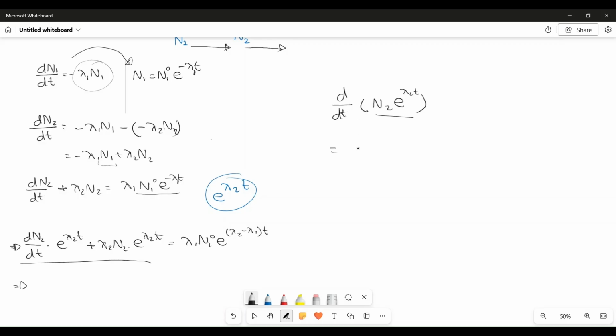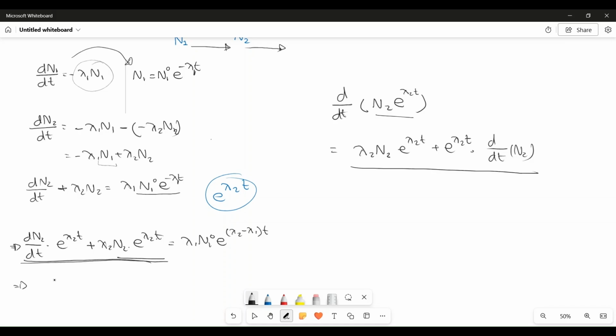Because we get lambda 2 n2 e to the power lambda 2 t plus e to the power lambda 2 t into dn2 by dt, and we have this part here.